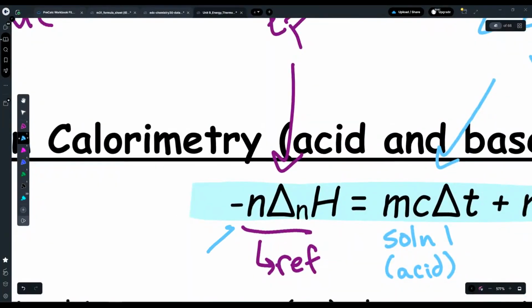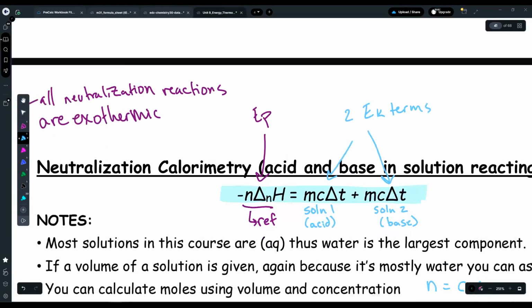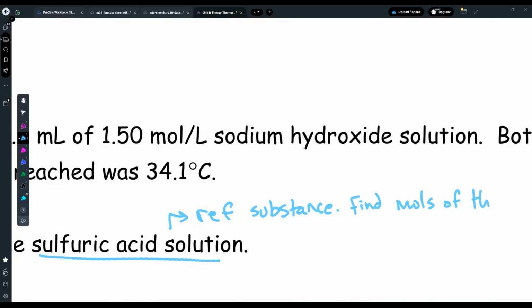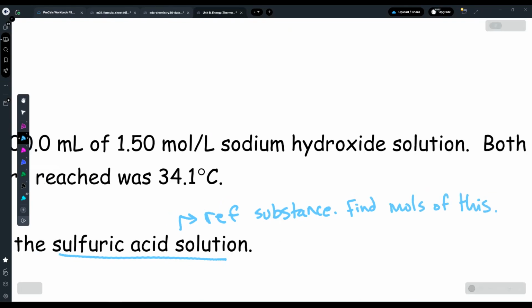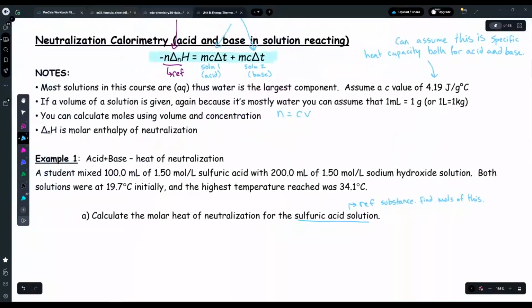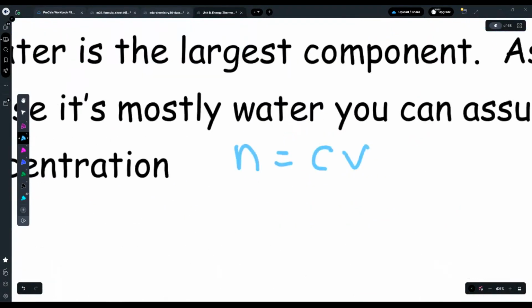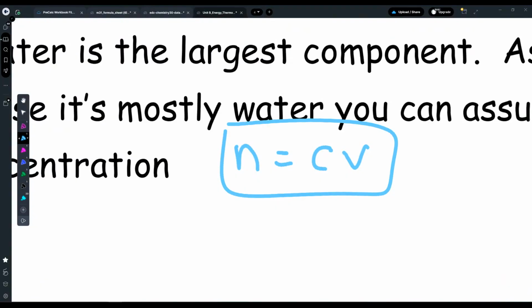So we're going to want to find the moles of this substance. All right, so we know we need to find moles of this substance here. That means we're going to be using this equation.